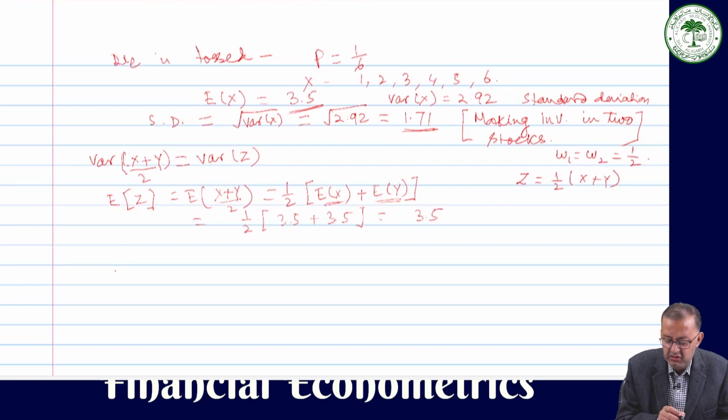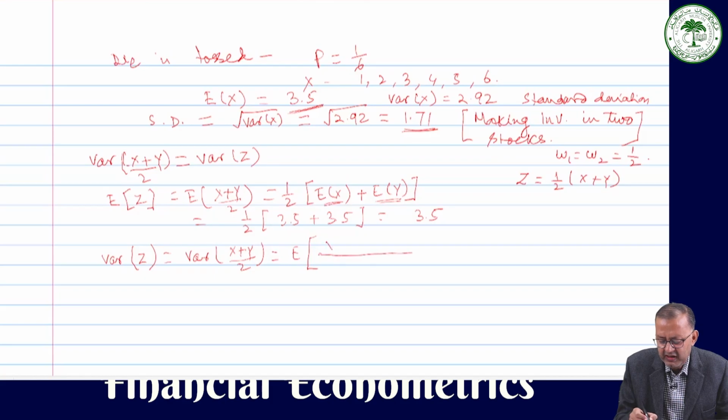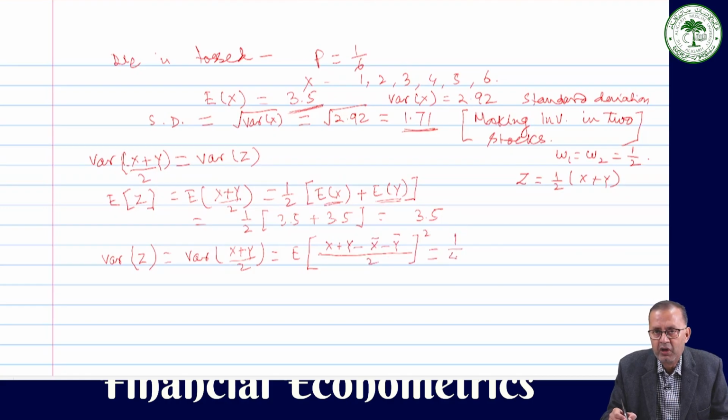Now let's talk about the variance of z. The variance of z is equal to the variance of x plus y by 2, which is equal to the expected value of (x plus y minus x bar minus y bar upon 2) whole square, which we can write as 1 by 4 into the expected value of (x minus x bar plus y minus y bar) whole square.